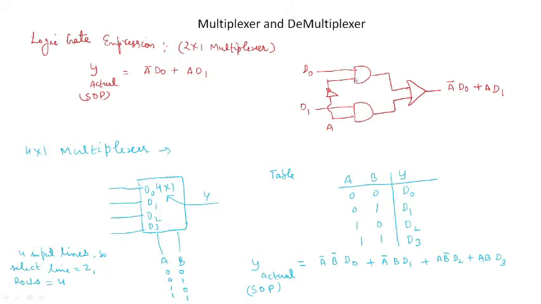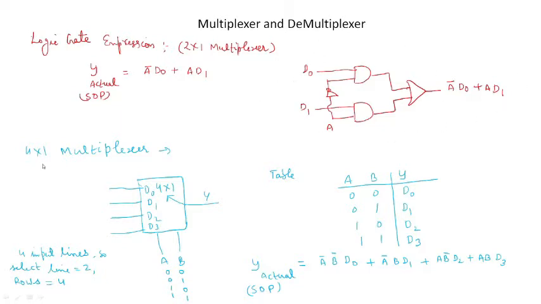So this is one AND gate, this is the other AND gate, this is a NOT, this is an OR gate. So here you can see that your output will be A bar D0 plus AD1. So this is the logic gate expression of the 2 by 1 multiplexer.